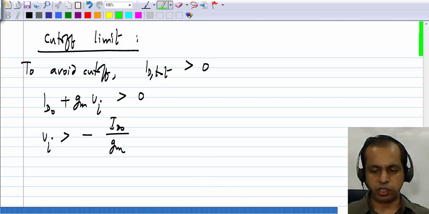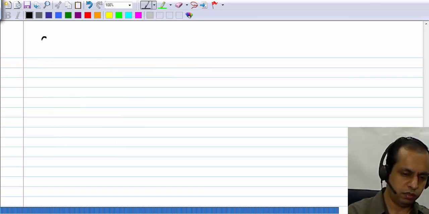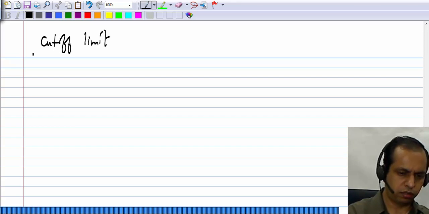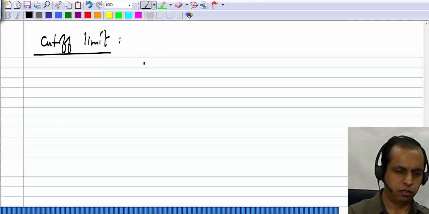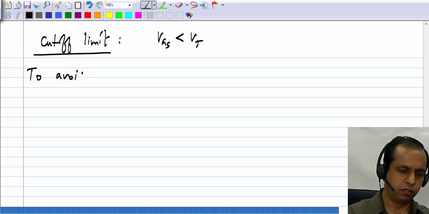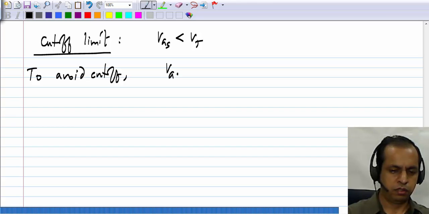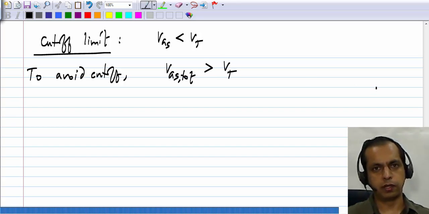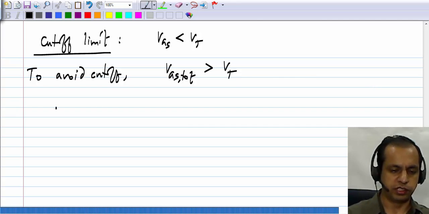Now you can also think of cutoff as VGS falling below the threshold voltage. That is, to avoid cutoff, VGS total has to be greater than the threshold voltage. And what is VGS total?